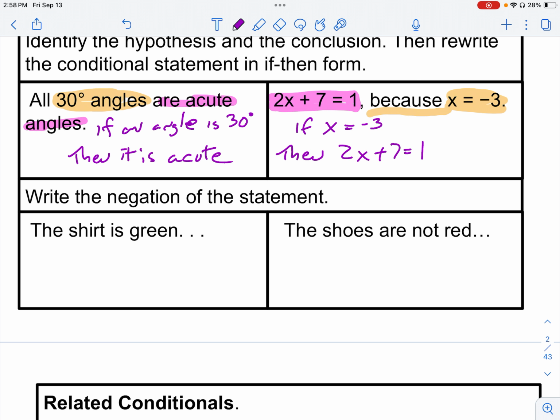Down here we're going to do negations again. So the opposite of the shirt is green is the shirt is not green. And the opposite of the shoes are not red are the shoes are red. So that's why we like the if-then form, because it gives us the ability to do different things with our logical statements.